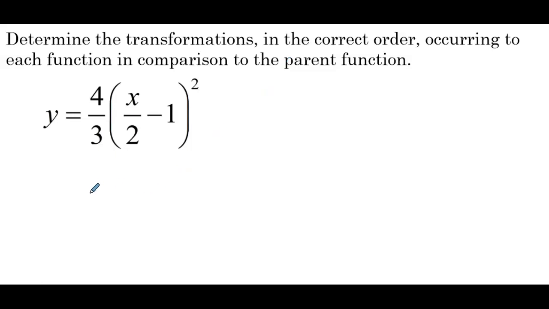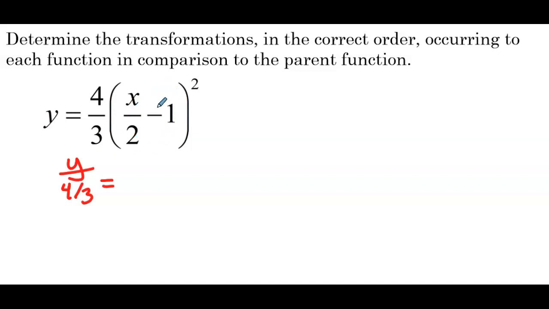Next up, we have y equals 4/3 times the quantity (x divided by 2 minus 1) squared. Okay, so we have a 4/3 outside the parent function, so we can divide y by 4/3. Now the issue is we want one fraction inside the parent function, because then what's in the numerator is the transformation and the denominator is the scale factor.